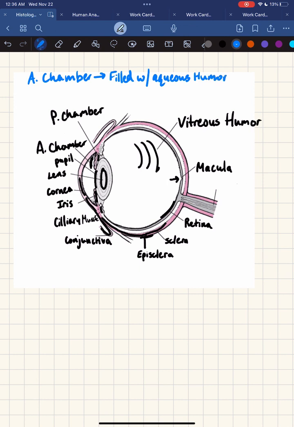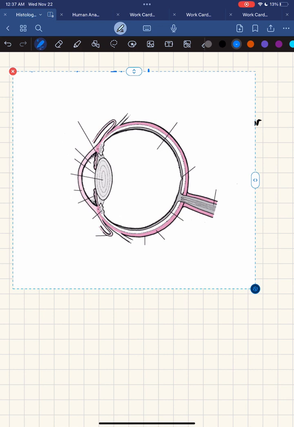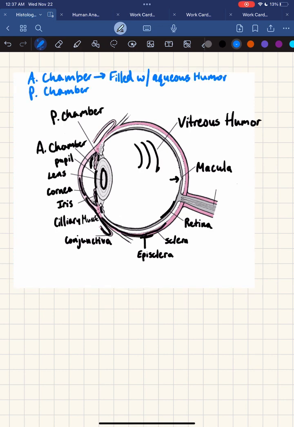And the posterior chamber is going to be filled with the vitreous humor. And that is going to be the anatomy of the eye.